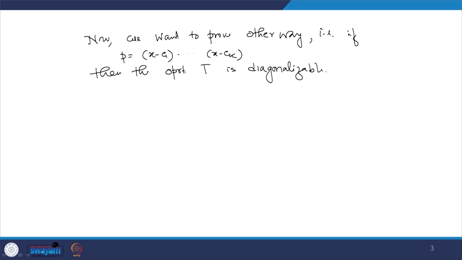So, I shall prove these results with the help of our last to last lemma, that is if T is a linear operator defined over a finite dimensional vector space and the minimal polynomial is a product of linear factors, then for any proper subspace W which is invariant under T, if you consider any vector alpha belongs to V which does not belong to W, the T conductor of alpha will be a linear polynomial.